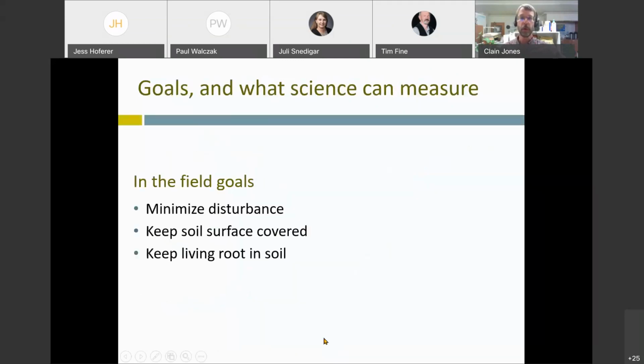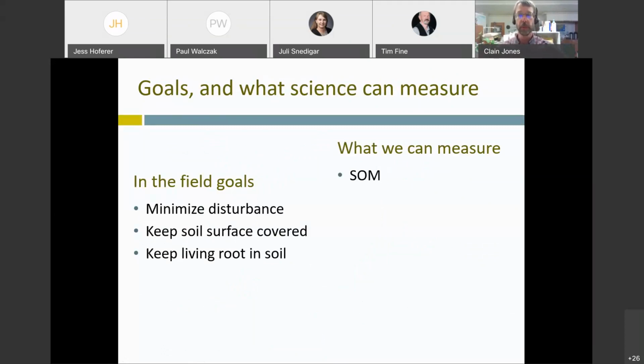So some goals, some in the field, large acreage type goals. Some of these include minimizing disturbance, keeping the soil surface covered, and keeping a living root in the soil. But what can we measure that these different goals relate to?